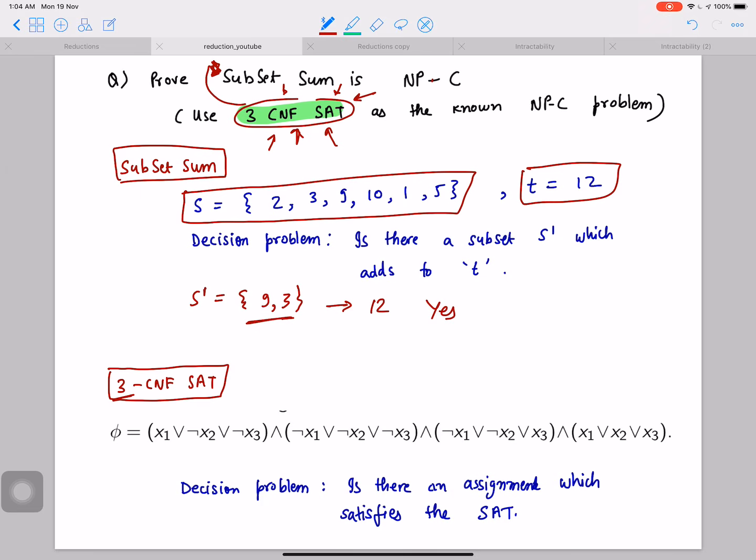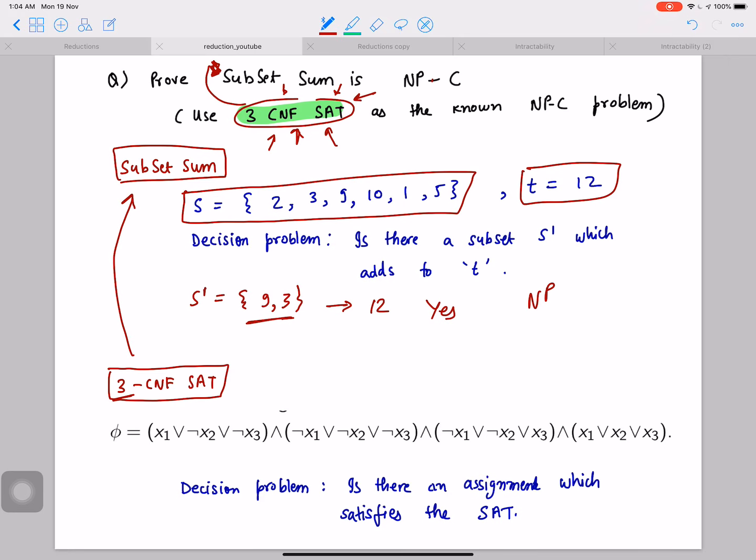In this case, it's a yes. So we can say that the subset sum problem is at least in NP. Now we will reduce the 3 CNF SAT to the subset sum problem and claim that the subset sum problem is also NP complete. Now let us see what the 3 CNF SAT problem is.